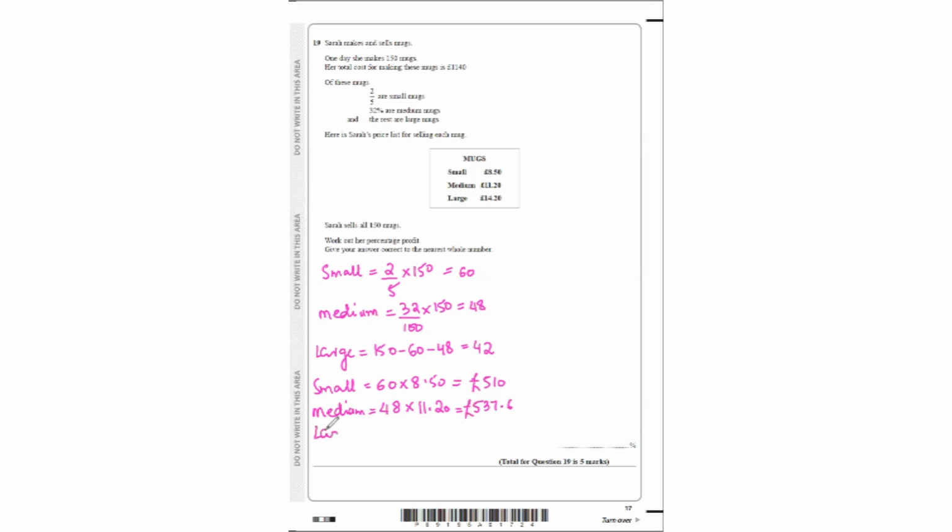And for the large one, it's going to be 42 times 14.20 pounds, which is equal to 596.4 pounds. They already told us that the total cost for making these ones is 1,140.